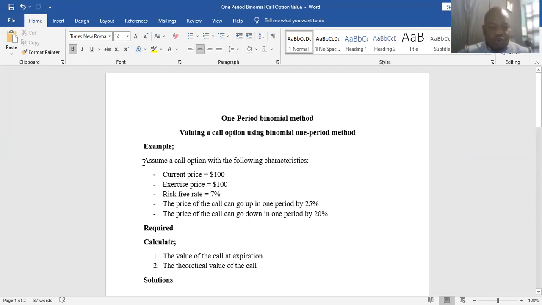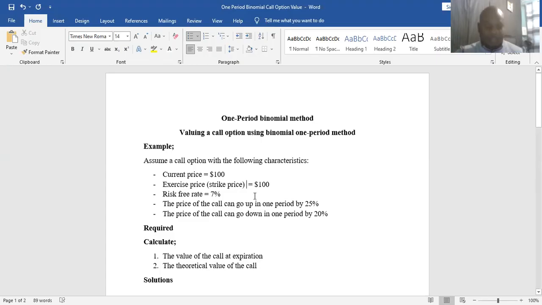It states, assume a call option with the following characteristics. The current price of this option is $100 and the exercise price, the other name for exercise price is strike price, is also $100.